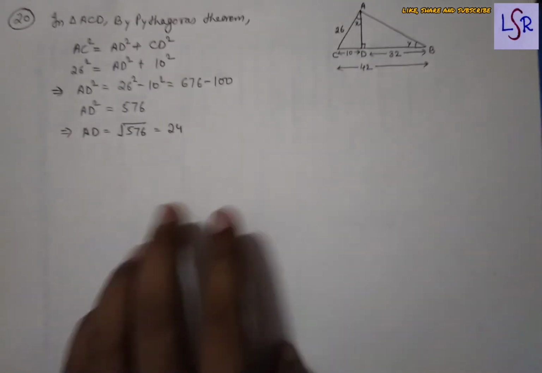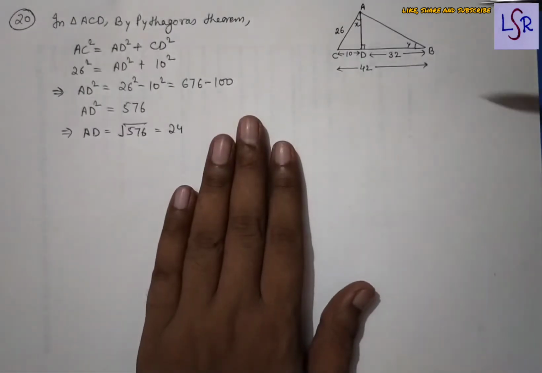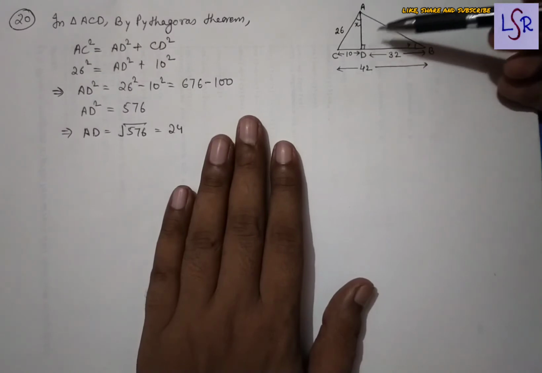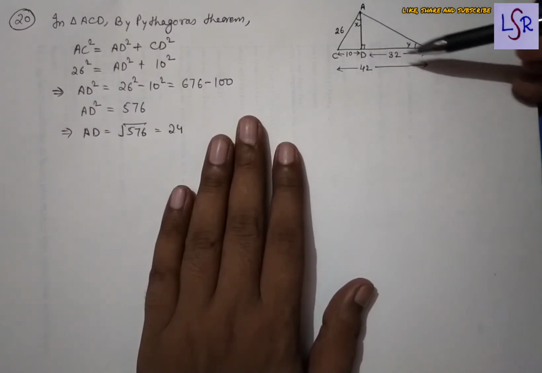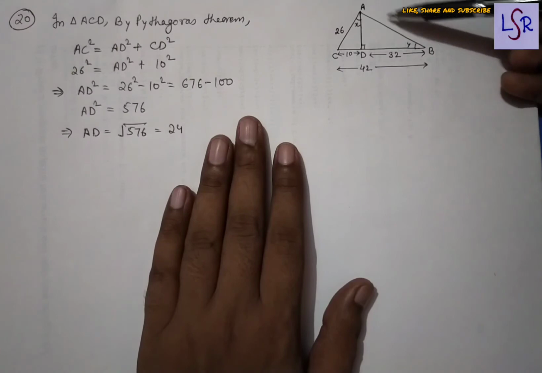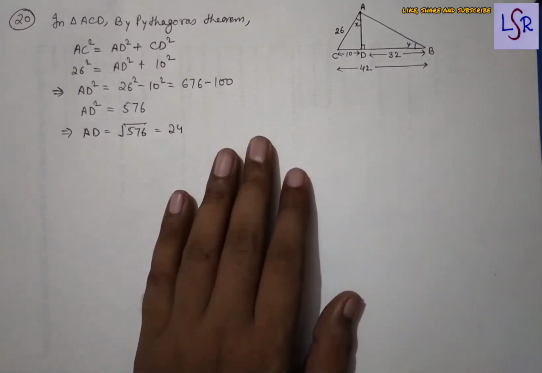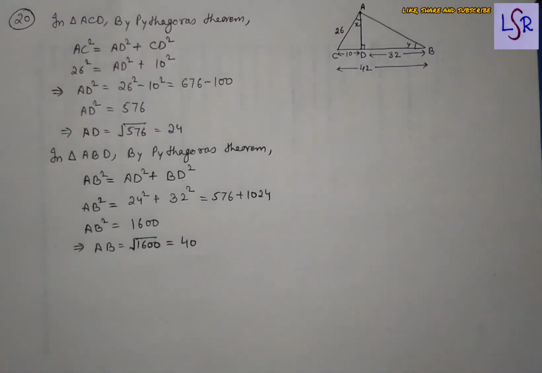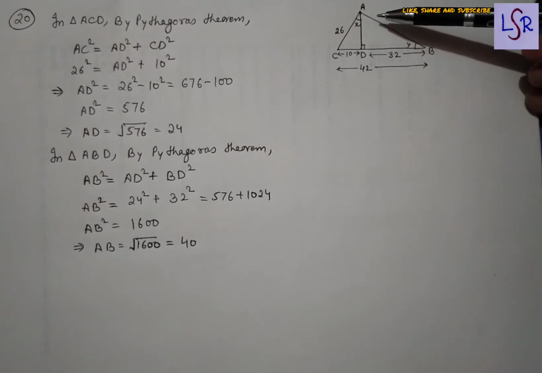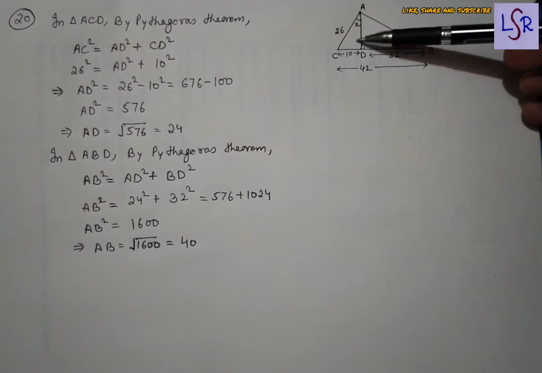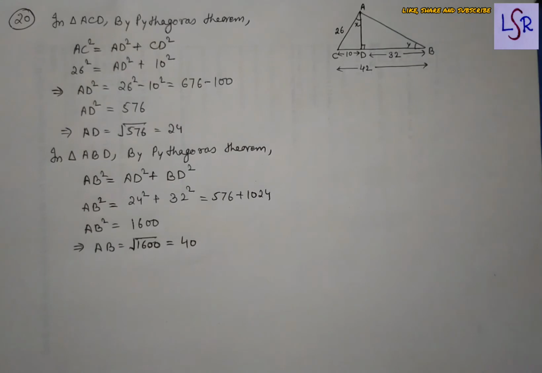Now we are going to use this AD in triangle ABD to find the value of AB. Using Pythagoras theorem, we find the side AB with triangle sides AD and BD. Now after this we'll go for the question.